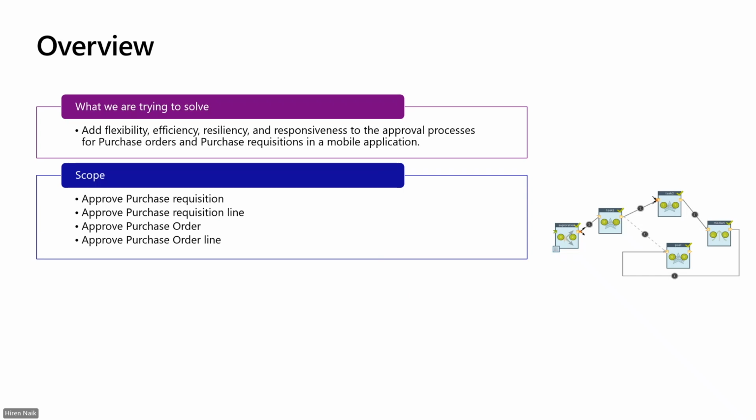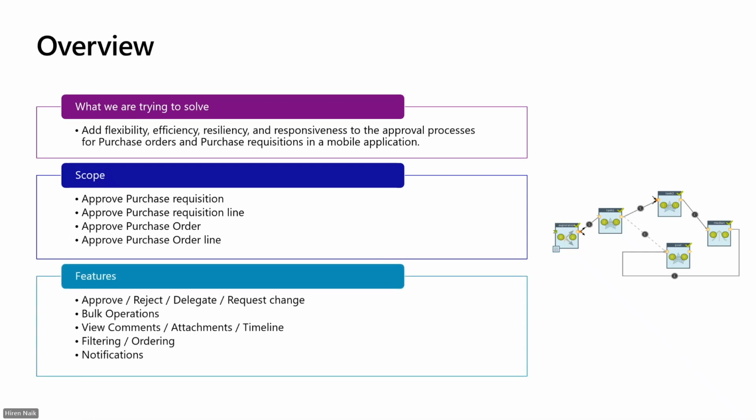At this stage, we will support the following workflow and subworkflow: approve purchase requisition line, approve purchase order, and approve purchase order line, and we'll work on future workflow. In the mobile application, we support standard approval actions like approve, reject, delegate, request for change, and adding a comment. We'll be able to perform bulk operations like approve all purchase orders.